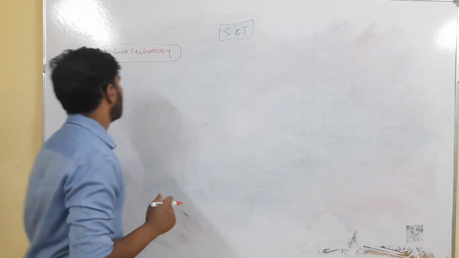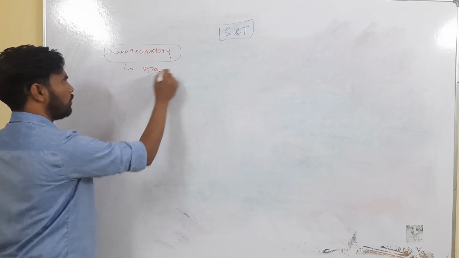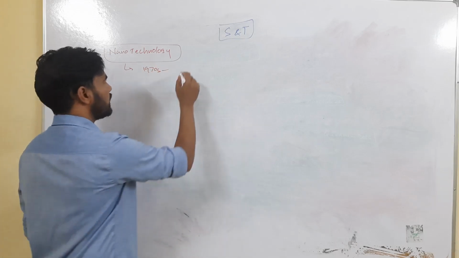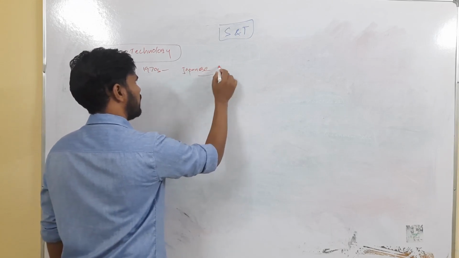So nanotechnology, the origin of the technology is in the 1970s. Briefly, there is a Japanese scientist, you need not remember the name.